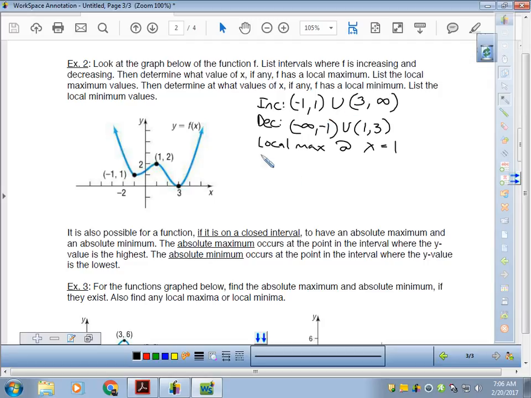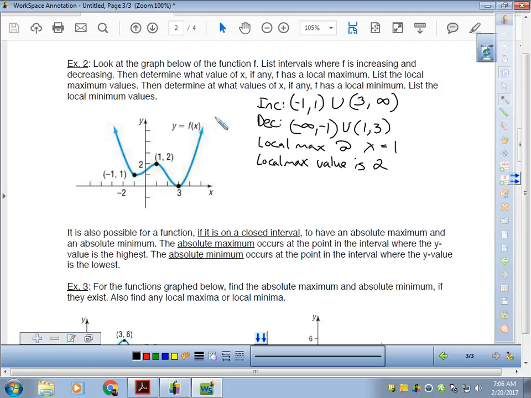And then it asks us to find the local maximum value. When they talk about value, they're talking about the y. So what is the y value at this point? The y value is 2. So the local max is located at x equals 1, and it has a value of 2.